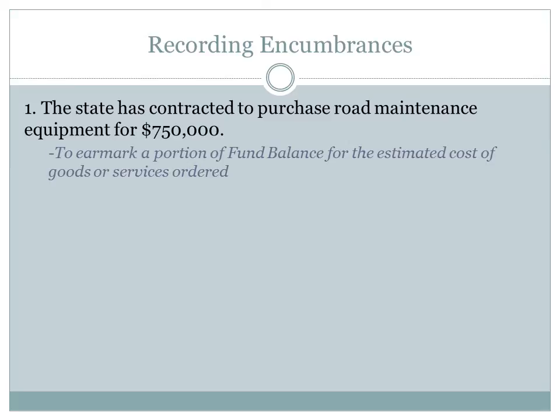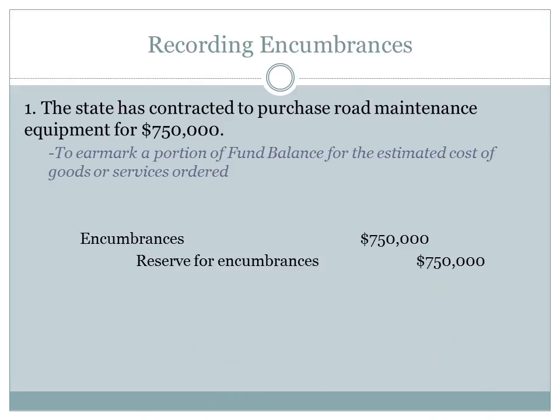And again, this is not an appropriation or an expenditure because we don't know the exact amount. Lots of times, the amount on a purchase order is going to differ from the amount that ultimately ends up on the invoice. So in this case, you would record a debit to encumbrances for $750,000, and you record a credit to an account called Reserve for Encumbrances for $750,000.